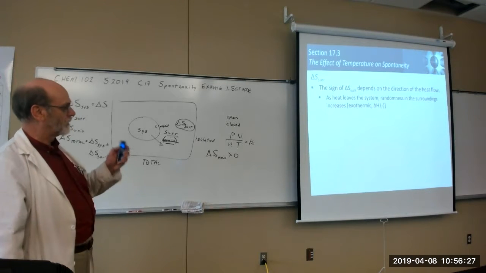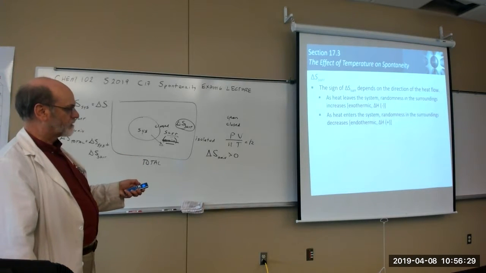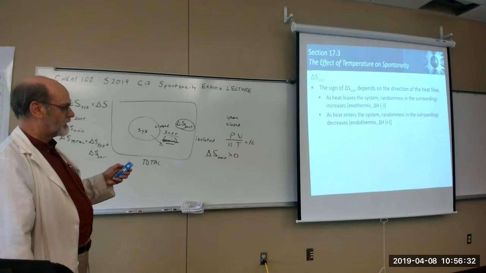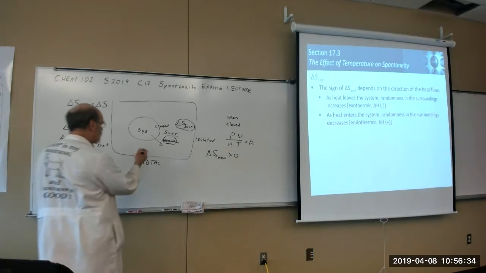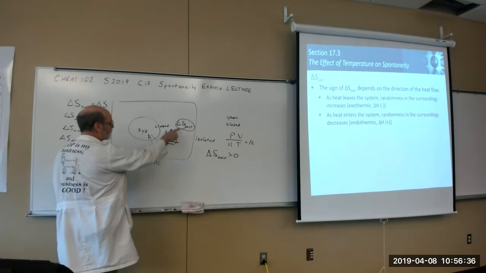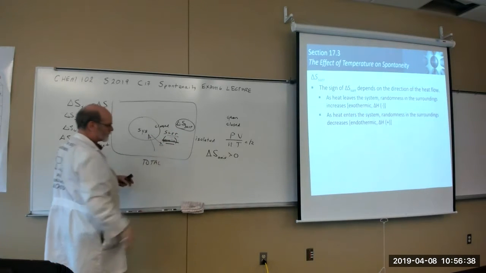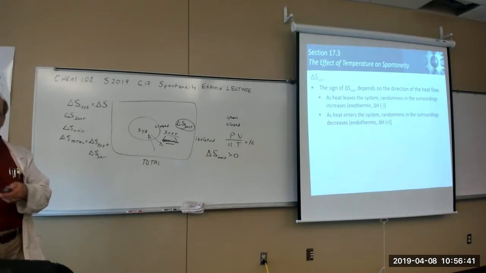And vice versa. If heat flows the other direction, then the delta S for the surroundings should decrease for an endothermic process.